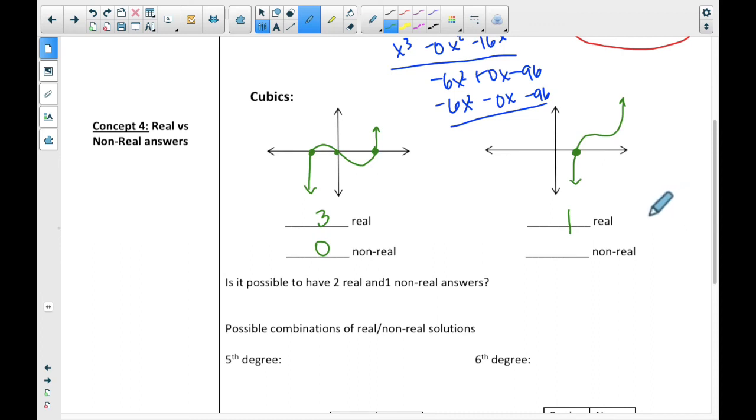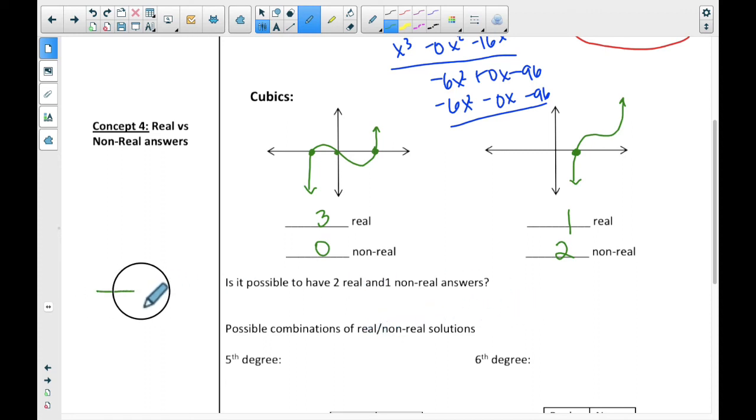But the fundamental theorem of algebra says if it's a cubic, that means x to the third, there must be 3 altogether, so there must be 2 non-real solutions. Where are they? They're up here. We don't know what they are. You will find out how to do that in a later class, but for today, we're just saying there's 2 non-real solutions.